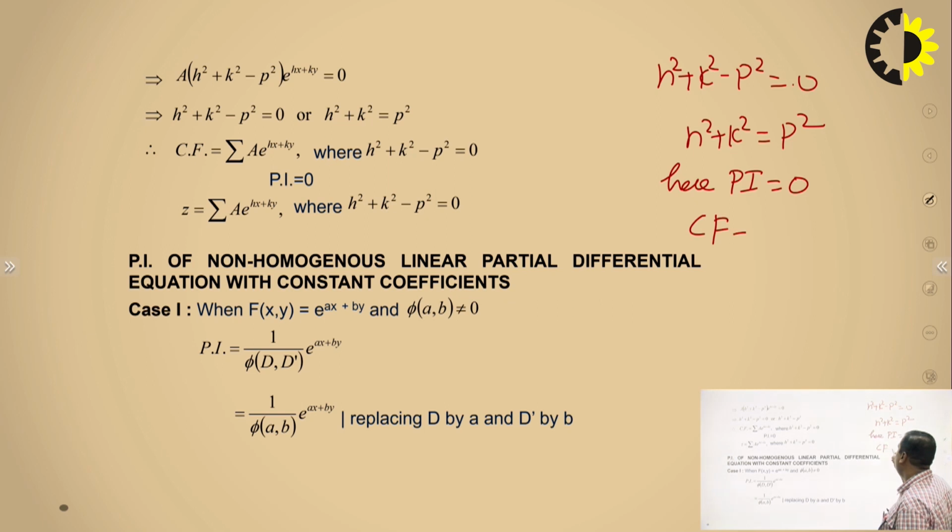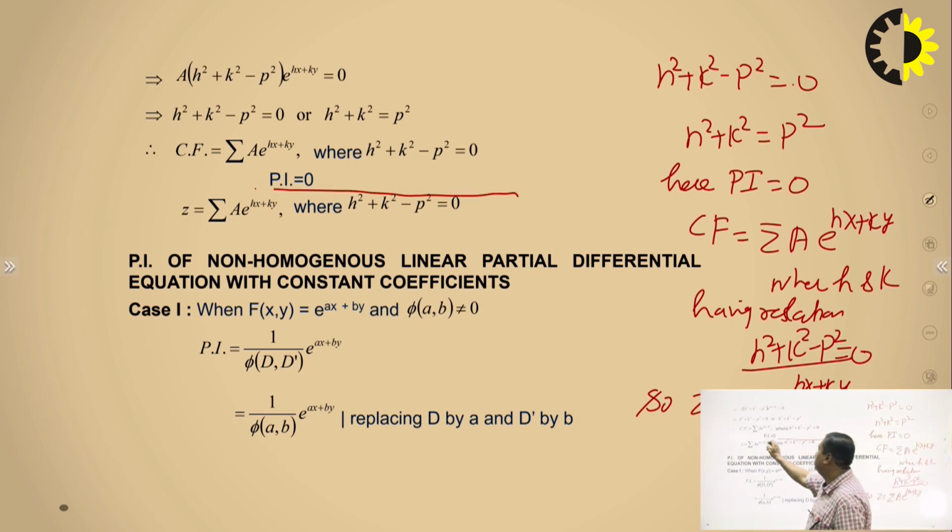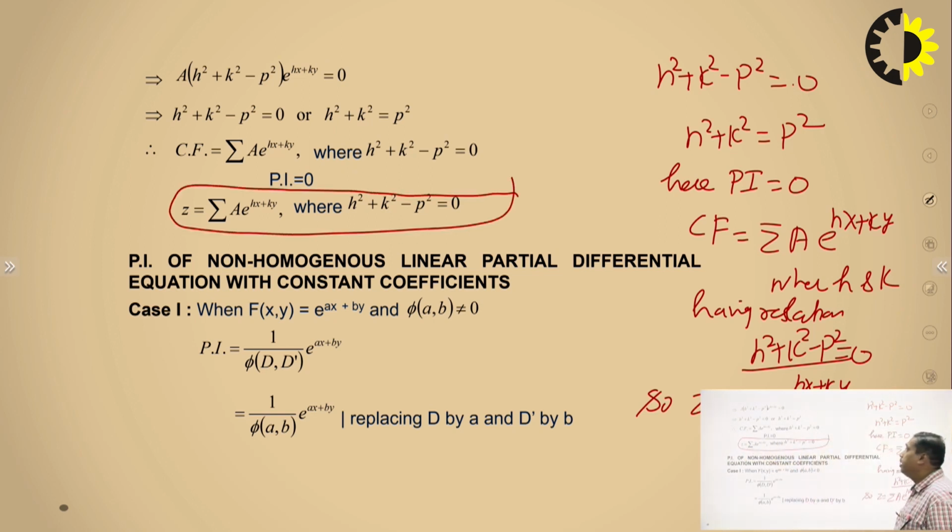Therefore, CF is equal to summation a e to the power hx plus ky, where h and k have the relation h square plus k square minus p square is equal to 0. So z equals summation a e to the power hx plus ky, where h square plus k square minus p square is equal to 0. Here no function is given on the right hand side, therefore PI is equal to 0.